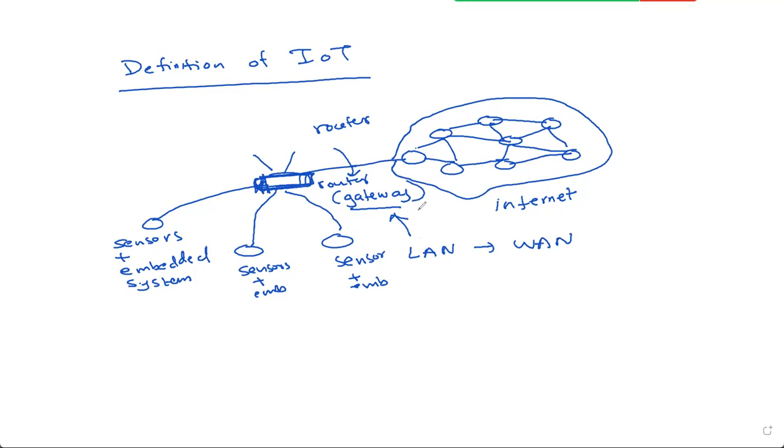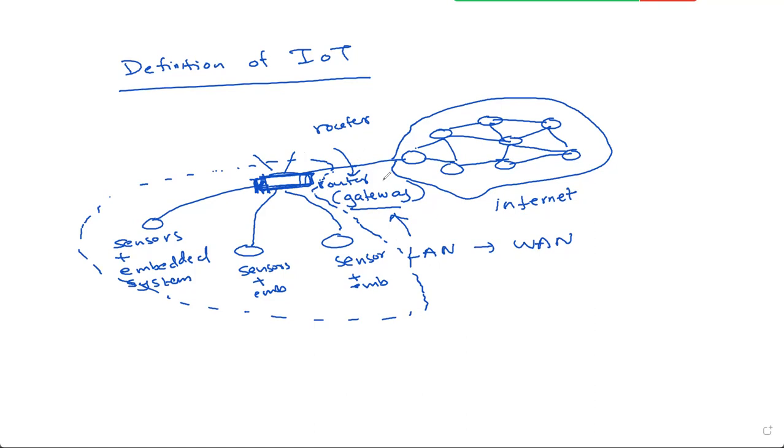So the gateway is the component that connects two different networks using its protocols and enables communication between them. The IoT devices that lie in a certain local area and are connected to this local area network can be connected to the internet through this edge router.